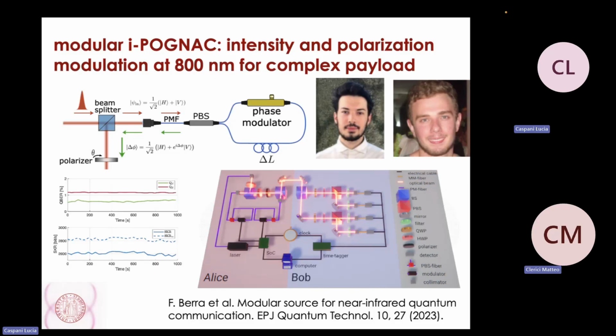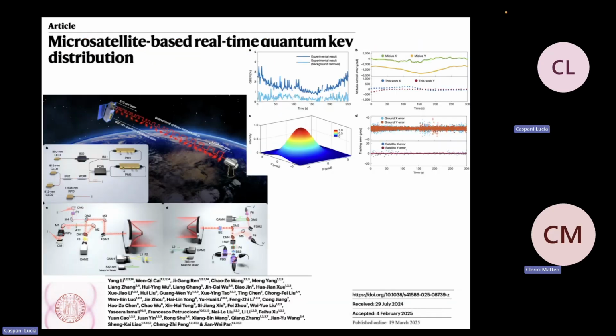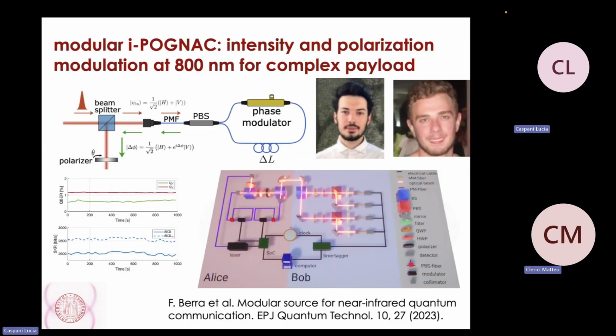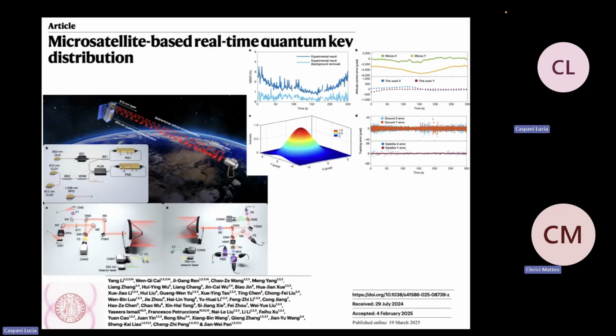The first demonstration was in the optical C-band, while it can also be brought to something more suitable for silicon detectors in free space, like the region around 800 nanometers, including the intensity modulator, also with a super low QBER.